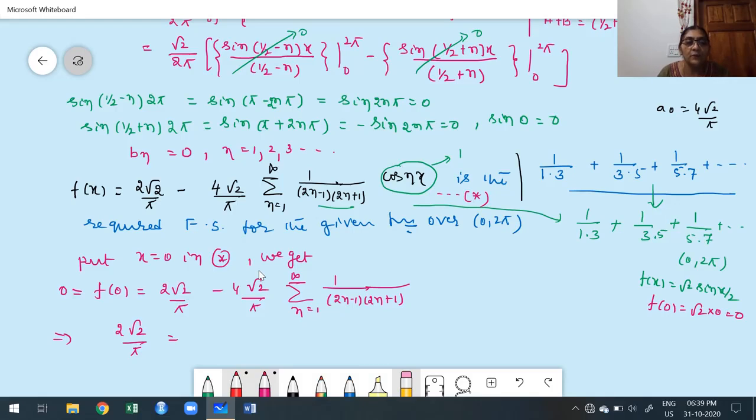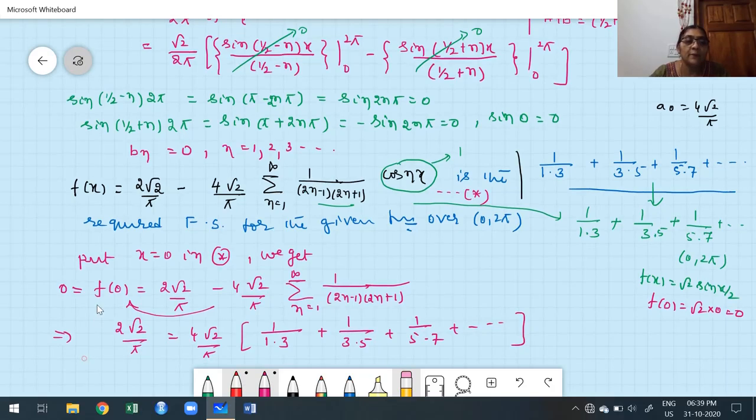Once you shift this term to the left hand side, this is first, must be equal to 4 root 2 divided by pi of, we expand this summation. What is the expansion of this? Just now we verified: 1 by 1 into 3, 1 by 3 into 5, 1 by 5 into 7, etc. Now before moving to the next step, I have to simplify.